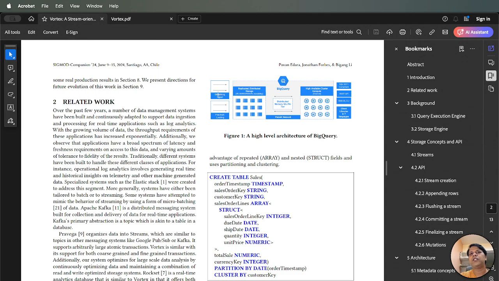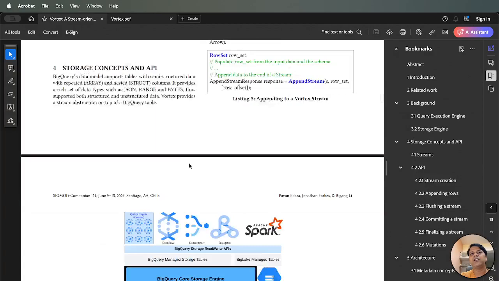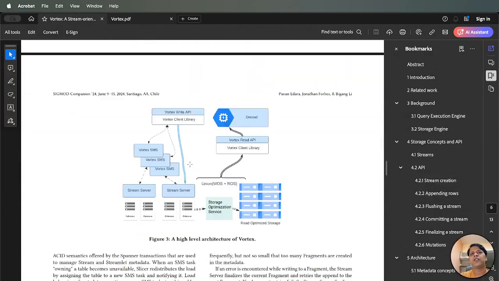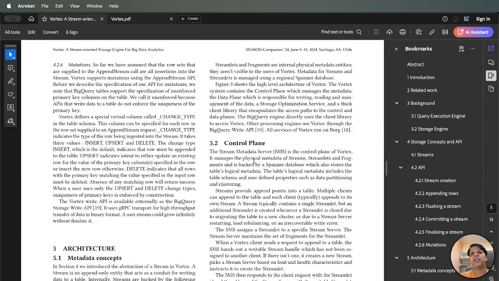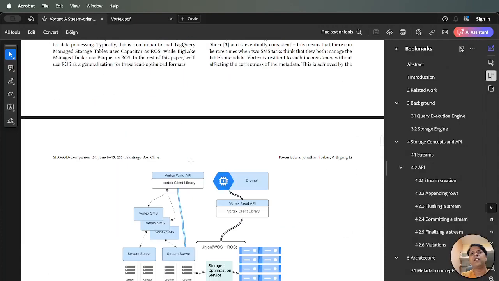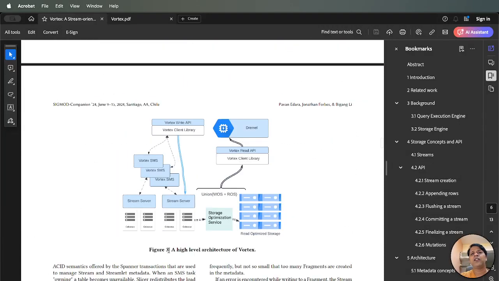New changes coming in get reflected in the data warehouse in a scalable manner. This is the structure it uses. The client library, Vortex storage, the stream management metadata server, and this piece are what perform the in-between write optimization, as well as materializing into Colossus for reading.